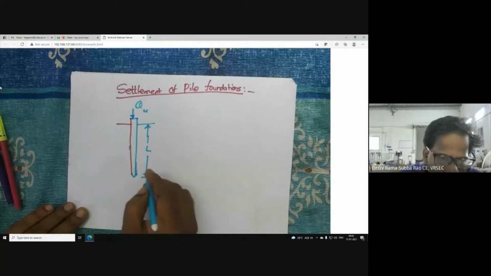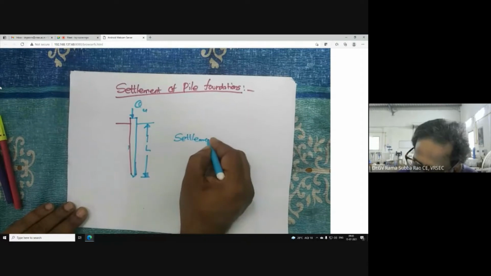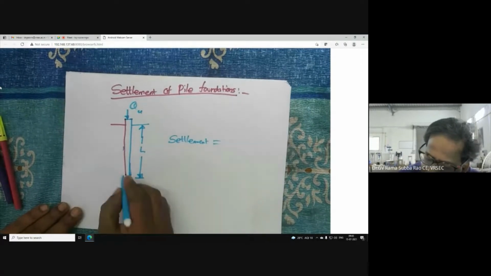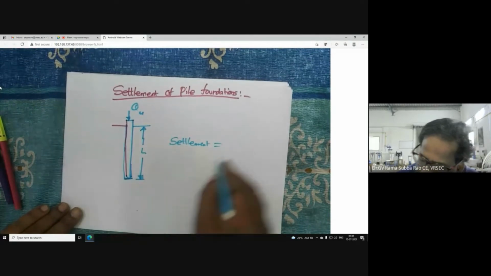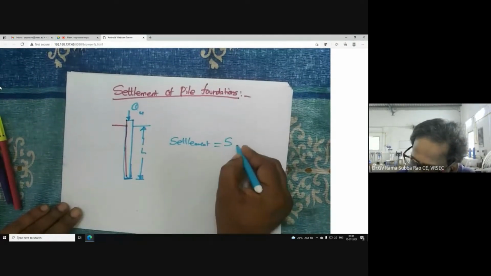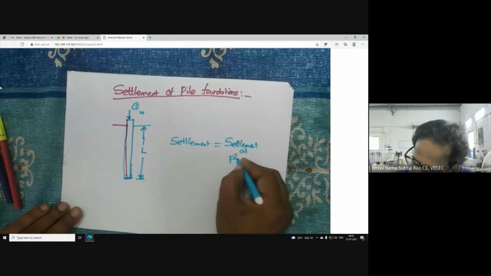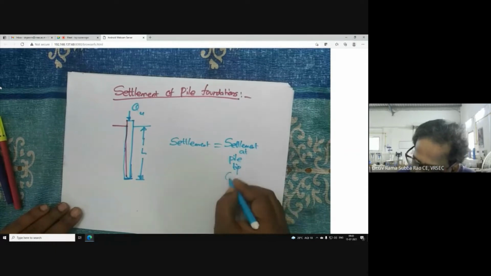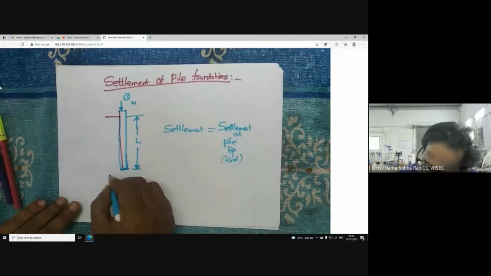Now you see, I want to calculate settlement. My interest is very clear. Obviously the pile ends here, so I can calculate settlement at the pile tip or end. Let me tell you once again, this is the tip of the pile.